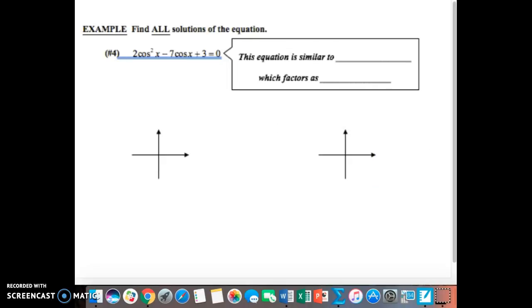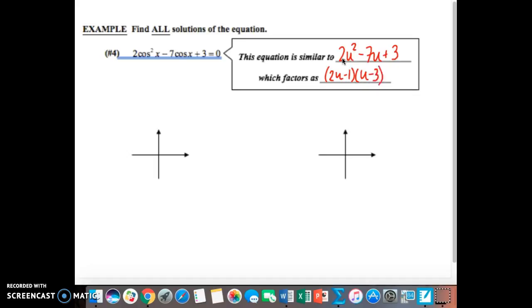For example 4, it asks us to find all solutions of the equation again. So we have 2 cosine squared x minus 7 cosine of x plus 3 equals 0. This equation is very similar to 2u squared minus 7u plus 3, which we know factors into 2u minus 1 and u minus 3.